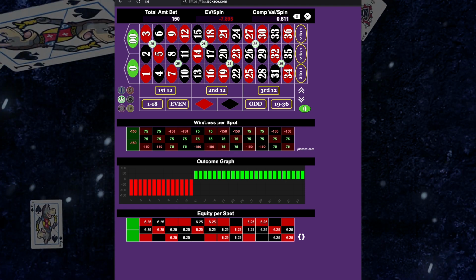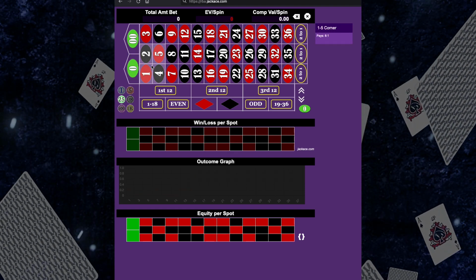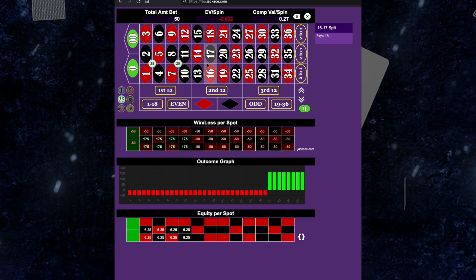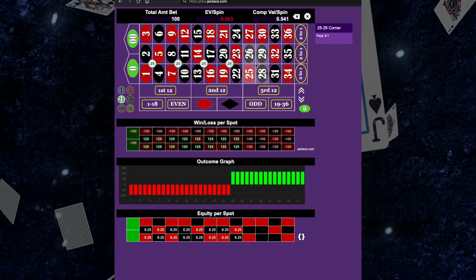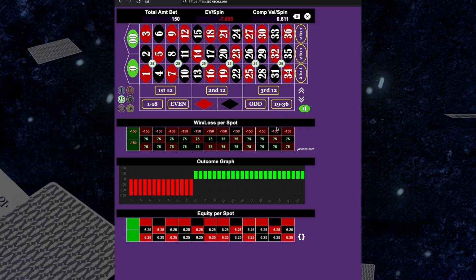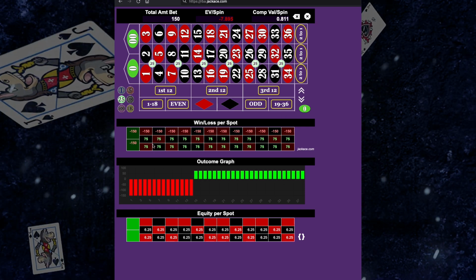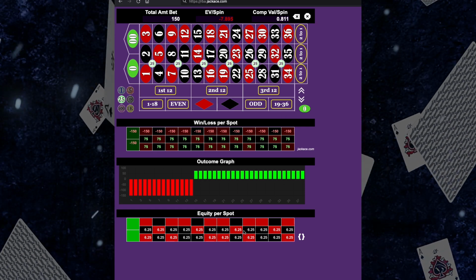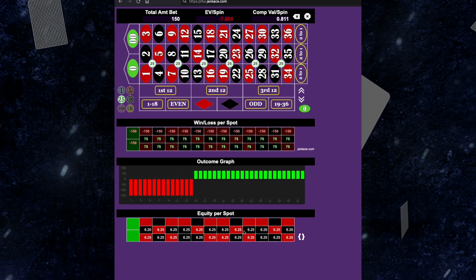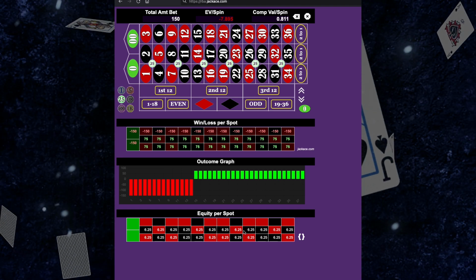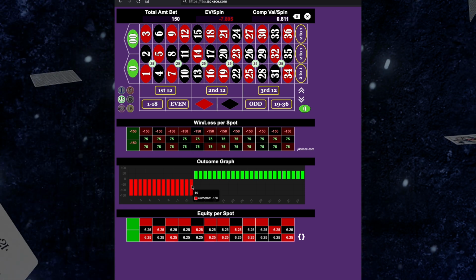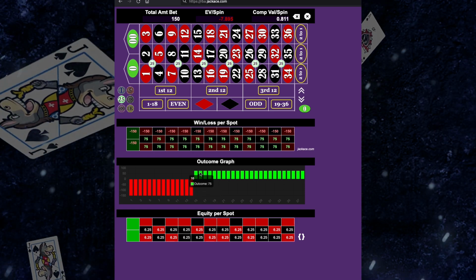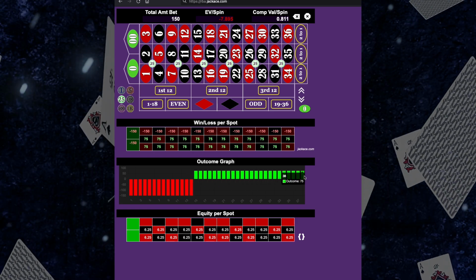And if you were to start over and just bet on corners that are on the same 2 columns, you'll see that you still win $75 on 24 numbers. And you still have $6.25 worth of equity on those 24 numbers.